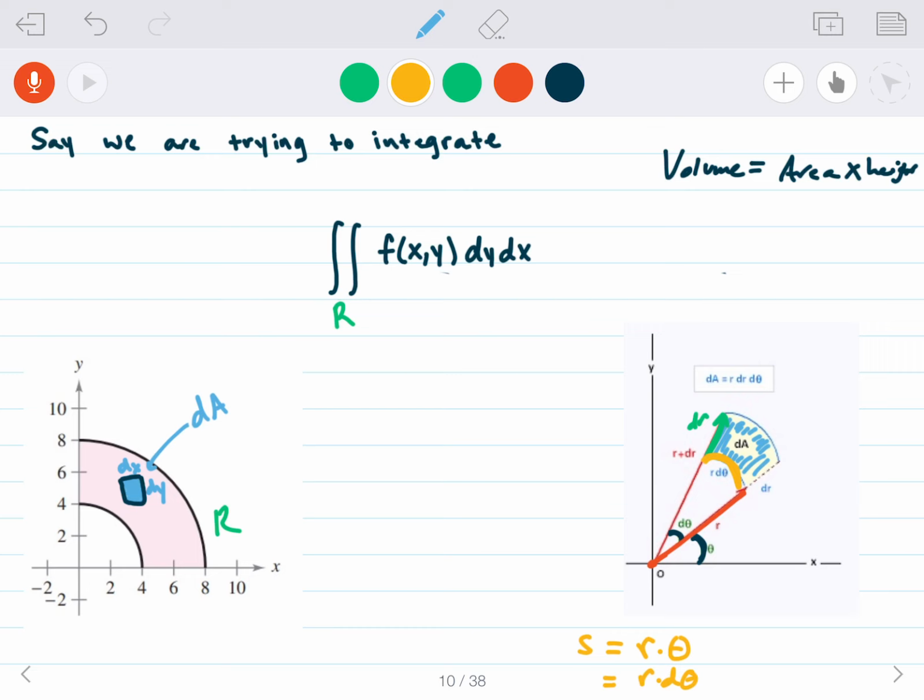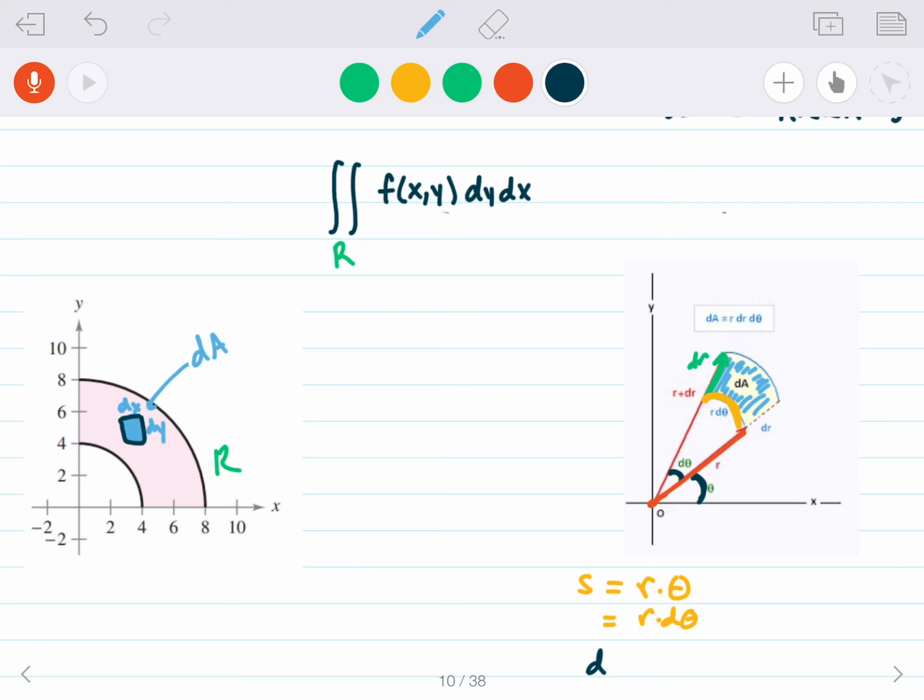Okay, so now we've turned this rectangle into polar coordinates. So the area of that rectangle, instead of dx dy, now what do we have for our dimensions? We have r d theta as the length, and dr as the width.